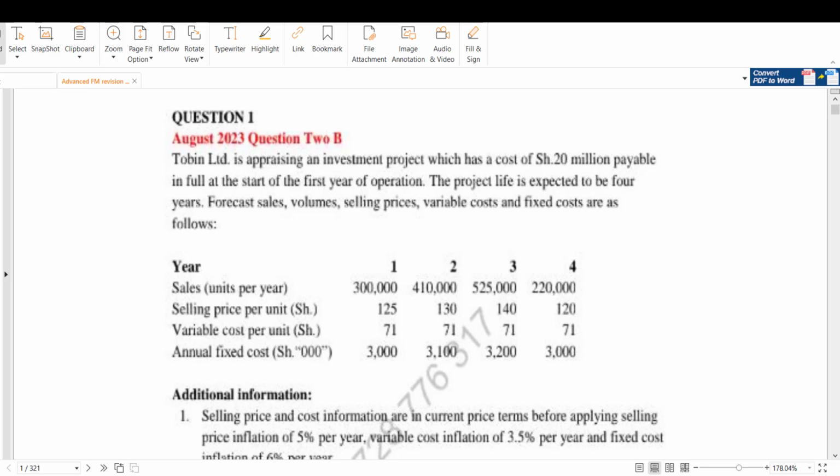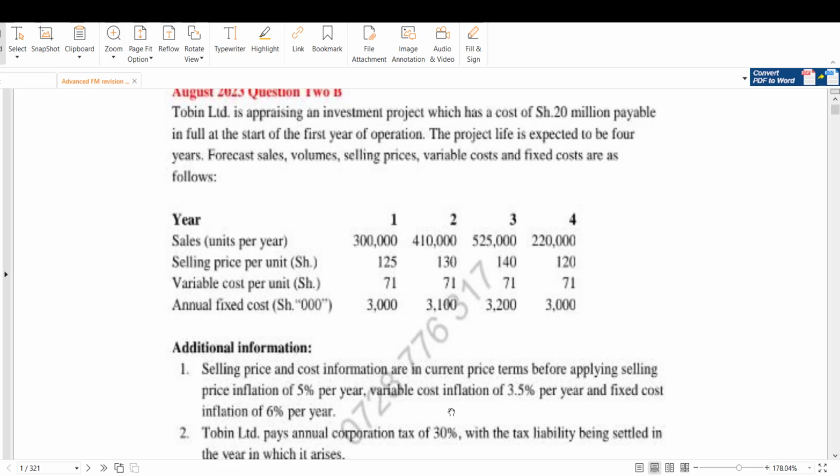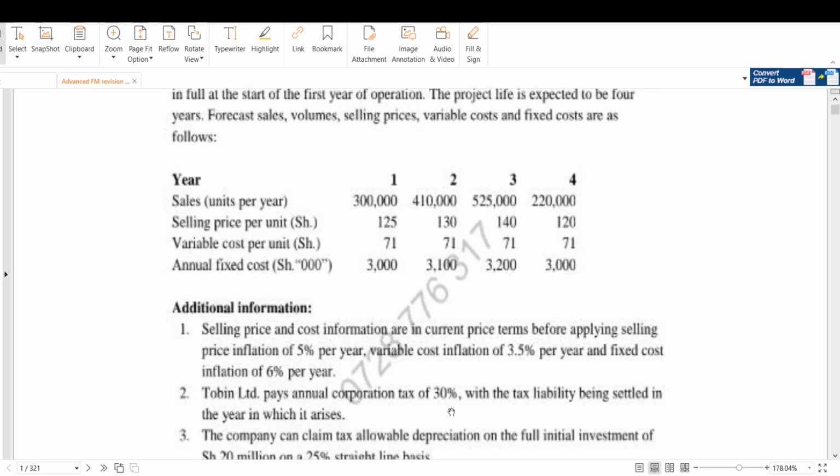Then we are given additional information. Number 1 says the selling price and cost information are in current price terms, before applying selling price inflation of 5% per year.